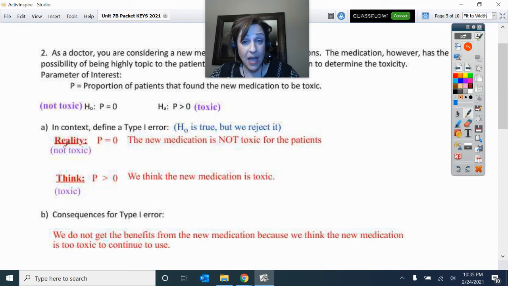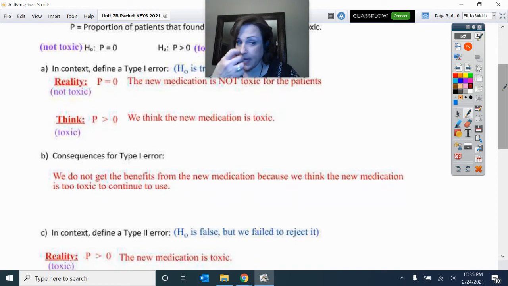But we got a sample with enough false positives or whatever that it makes us think that this new medication is toxic. So we don't get to benefit from that new medication that helps fight off infections, because we think it is too toxic to continue to use.